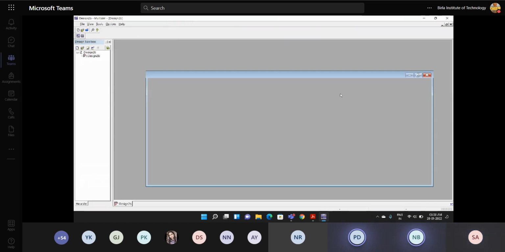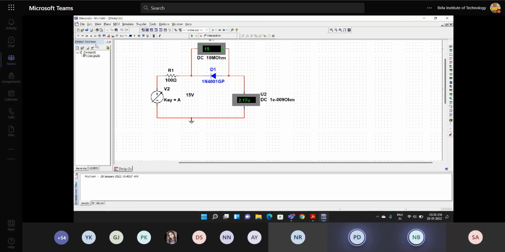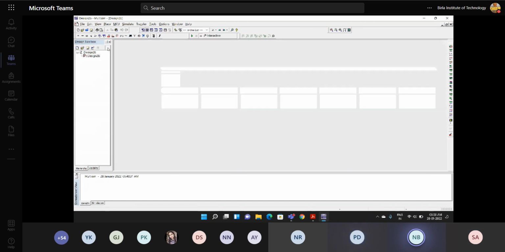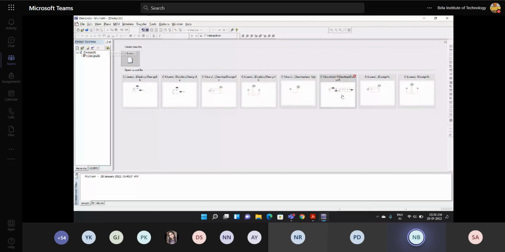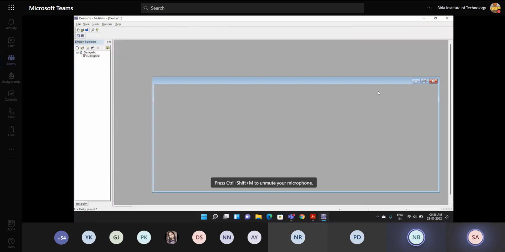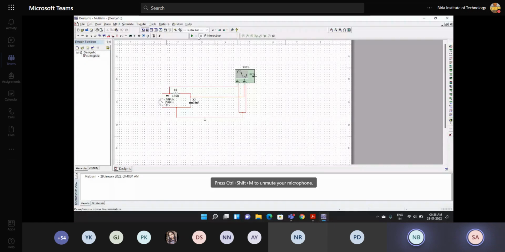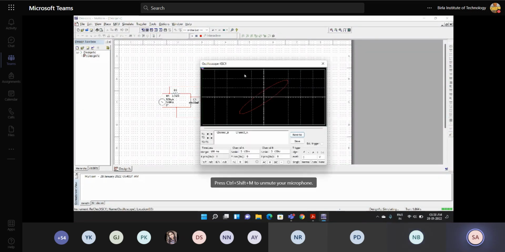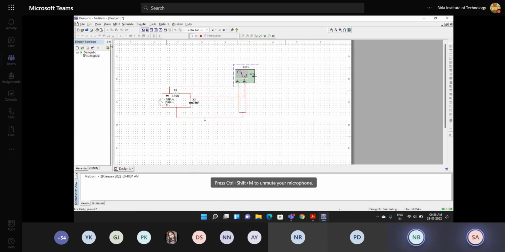Also in that third one, your Lissajous plot was looking something different. Can you go to that third one again? Yes, sir. One second. This one, sir. No, it is fine. It's fine.